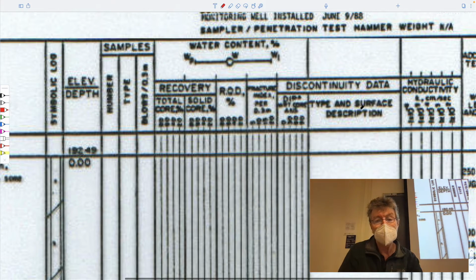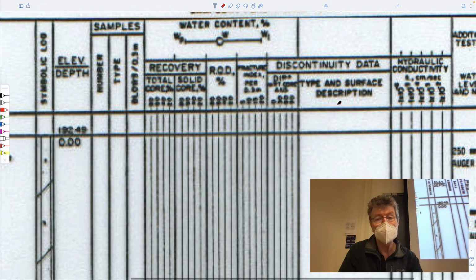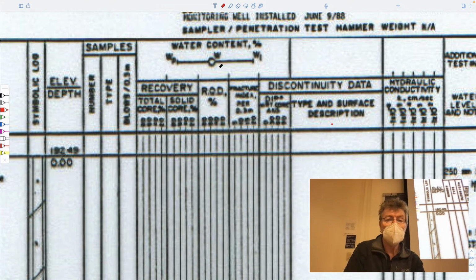And if there are surface chemicals like iron staining on it, it might be some indication, for instance, that those surfaces are hosting flow, because they've got to be deposited somehow, and flowing fluids might be the mechanism by which that occurs. Water contents are measured in soils typically, the liquid limit and the plastic limit.